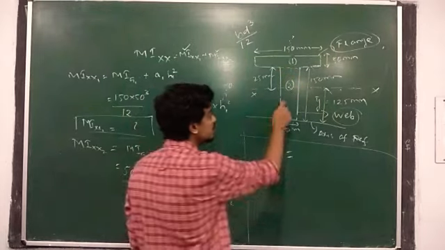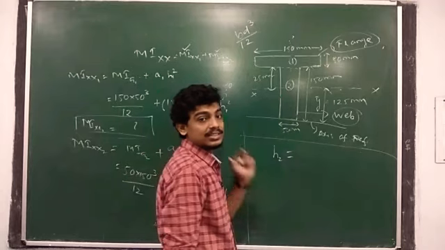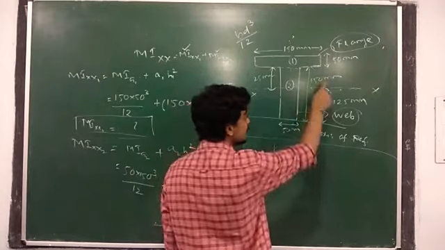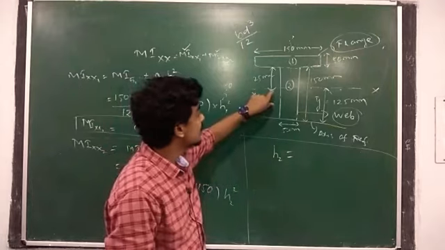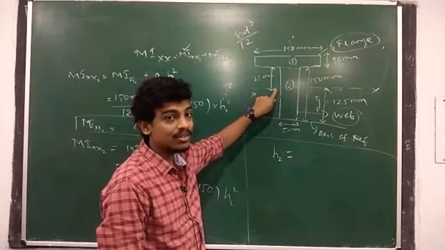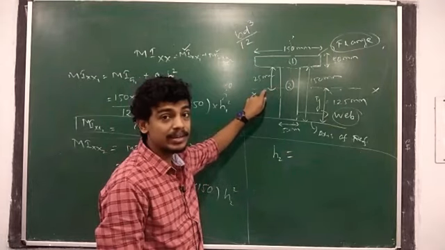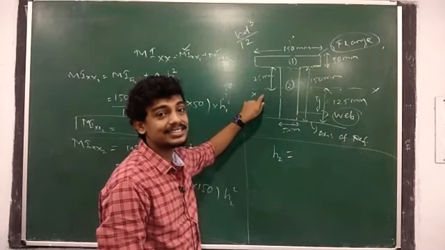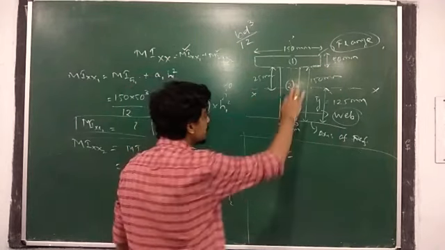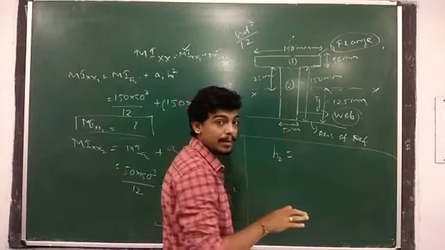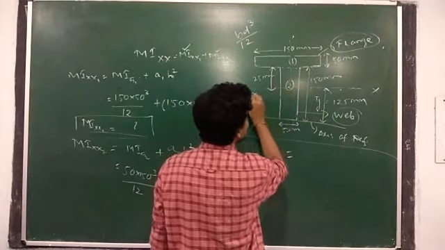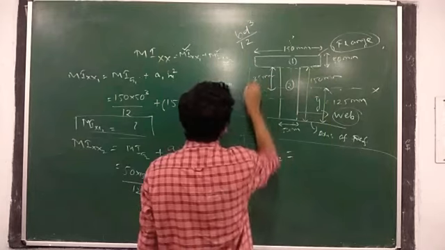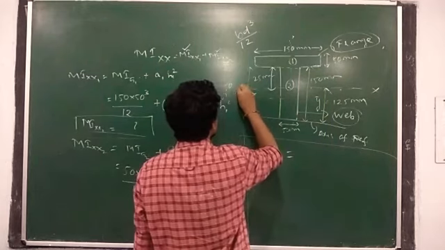For section 2, our central axis will be half of this 150, that is 150 by 2, how much? 75, and the central axis of 2 where it should be calculated, up to the xx axis. So 150 by 2, that is 75 mm minus our 25 mm.